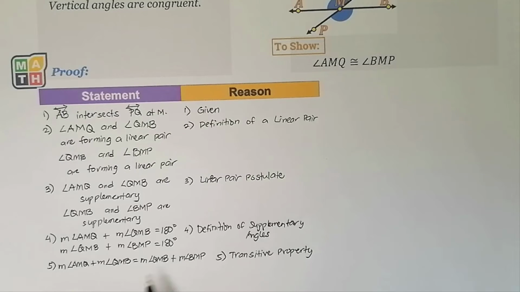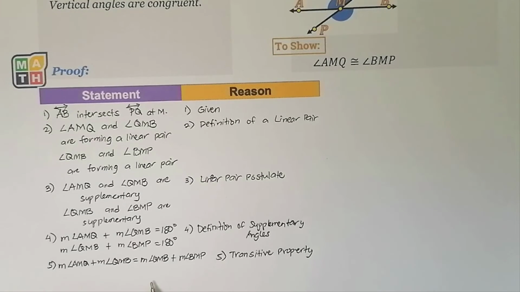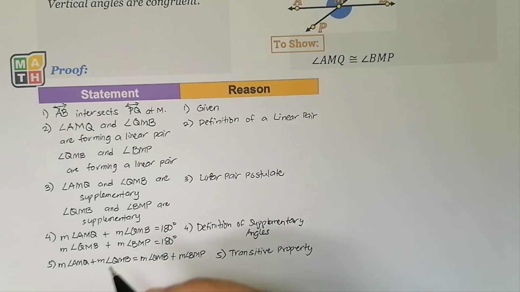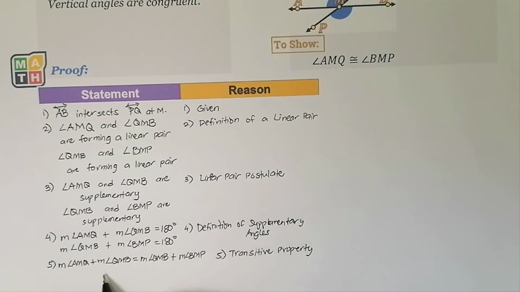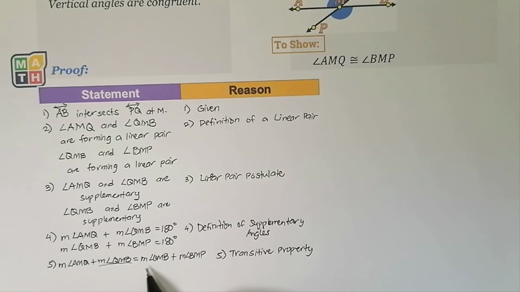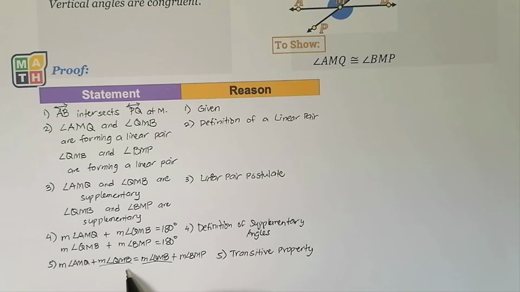Out from this, we could now apply other mathematical procedures such as subtracting both sides by the measurement of angle QMB. Since these two are just the same, removing one on one side of the equation and doing it on the other side as well will not change the equation.